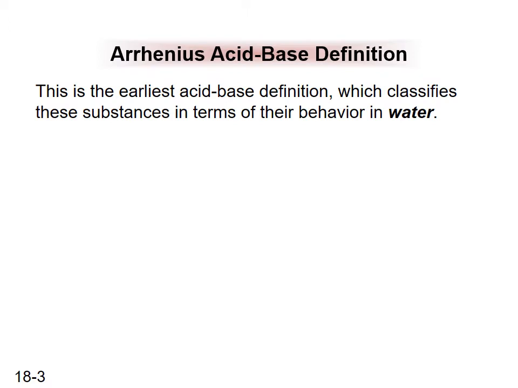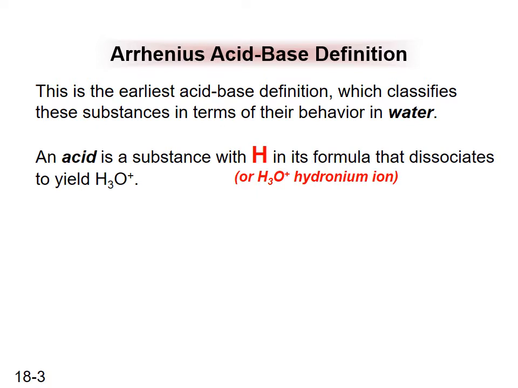The Arrhenius acid-base definition is the earliest acid-base definition, which classifies these substances in terms of their behavior in water. In this theory, an acid is a substance with hydrogen in its formula that dissociates to yield hydrogen ion. So hydrogen becomes hydrogen ion.